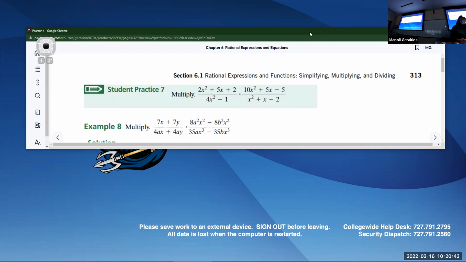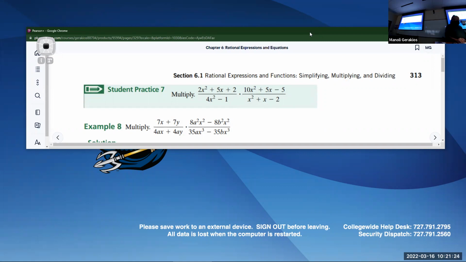So here we have 7x plus 7y over 4ax plus 4ay, times 8a squared x squared minus 8b squared x squared, over 35ax cubed minus 35bx cubed.